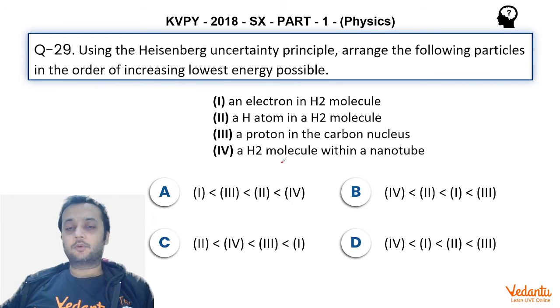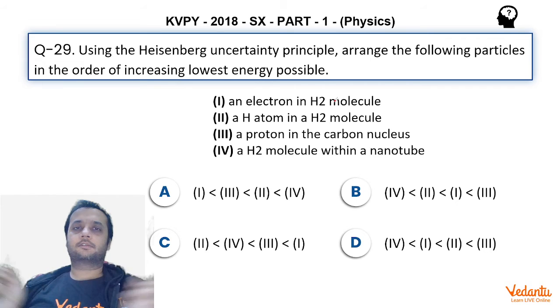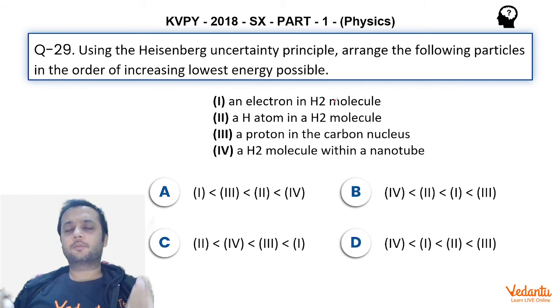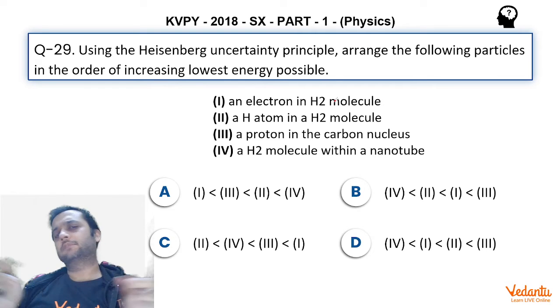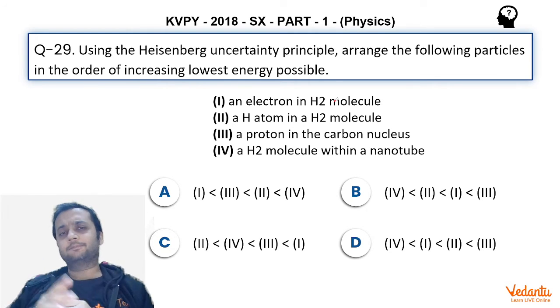Now, if you see the four cases: the electron in hydrogen molecule can move randomly, so its average momentum will be 0. The hydrogen atom in hydrogen molecule can oscillate and move in any direction, so again the average momentum will be 0.